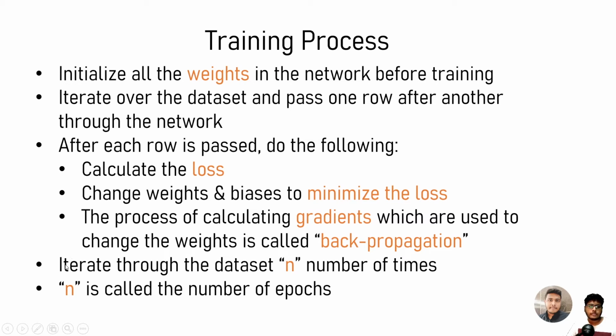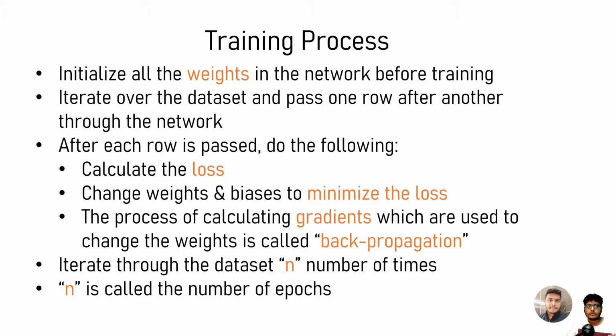So now coming to this point, you iterate through the dataset n number of times. Now when I said that you iterate over the dataset and pass one row at a time, say you have 100 rows and you're passing one row at a time, so you're going through 100 different rows, right? So the iteration takes place 100 times.